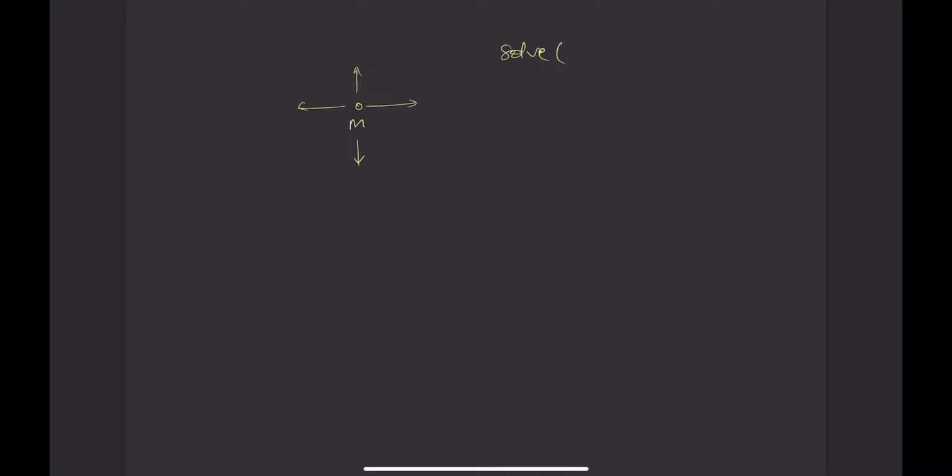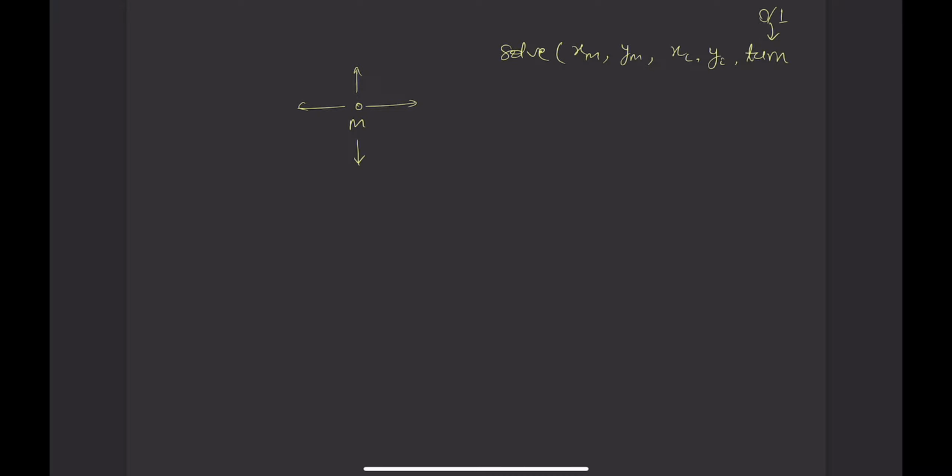What is required? Where is my mouse? The x location and the y location of the mouse: xm, ym. And similarly for the cat, the x location and y location: xc, yc. And whose turn is this? 0 means the mouse is playing, 1 means the cat is playing.